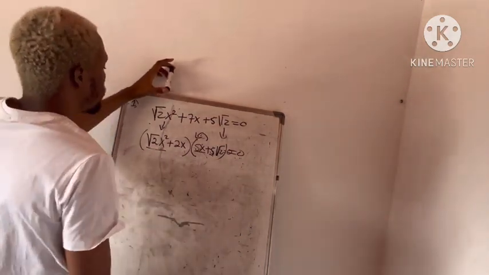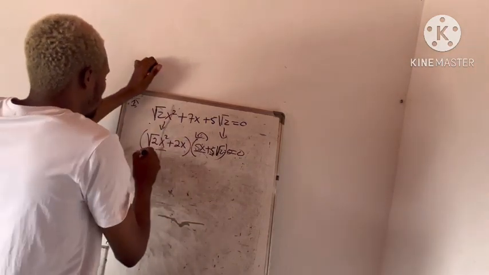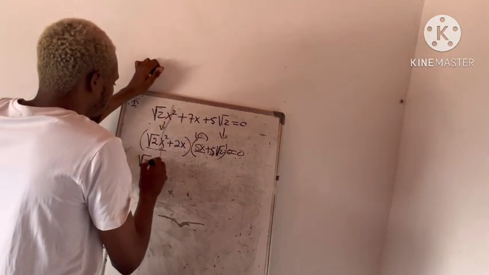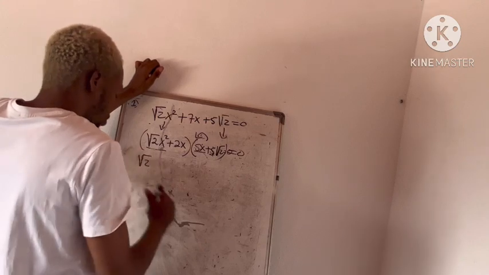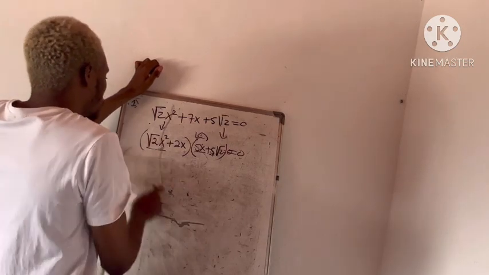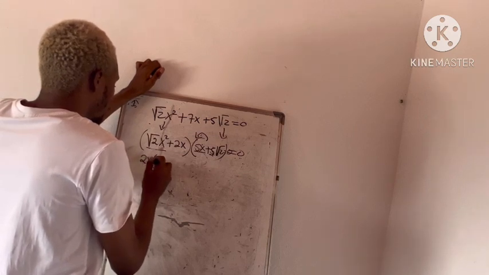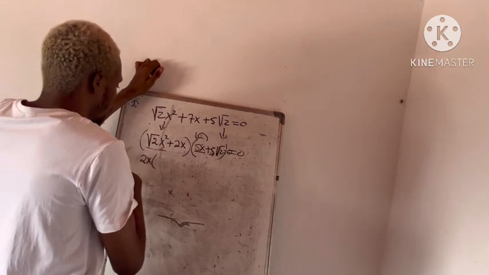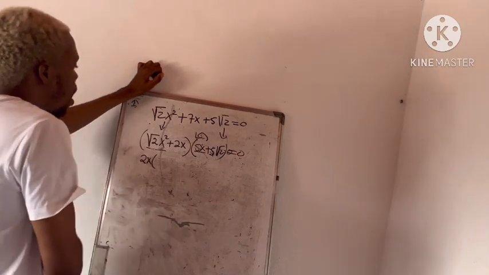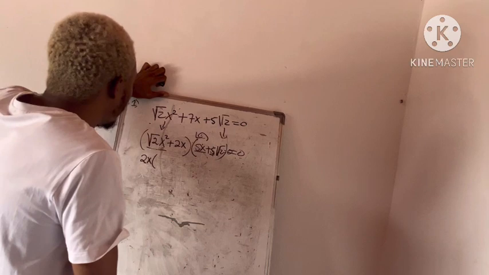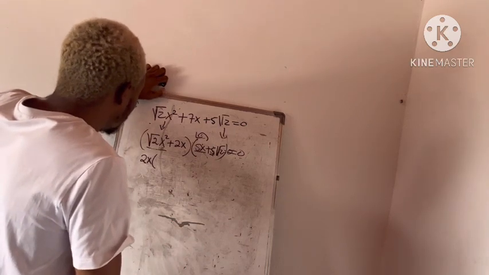I want us to come over. Let's try to take out root 2x. No. What if you take 2x out? What are you going to have here? Oh, this gets really complicated now.